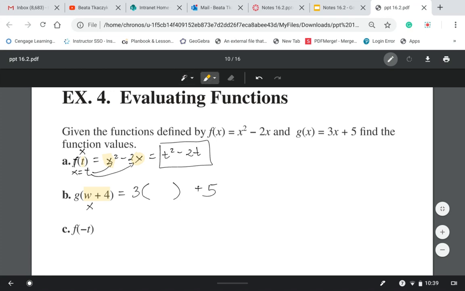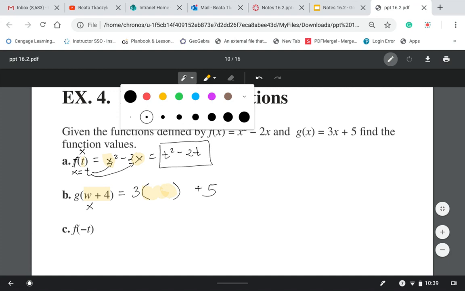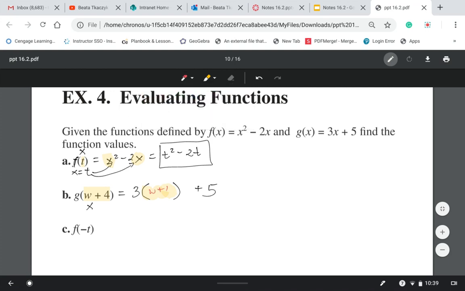However, where we used to have x, we're going to plug in w plus 4. Okay, so we're replacing x from equation g with w plus 4. And just evaluate that. So we will end up with 3w plus 12 plus 5, and that will give us 3w plus 17.